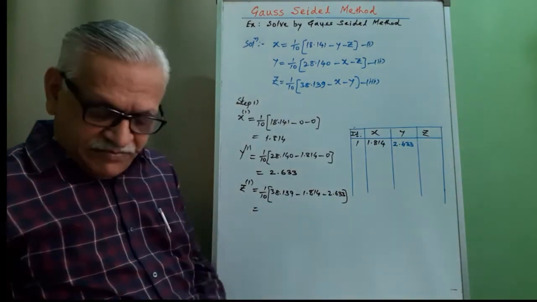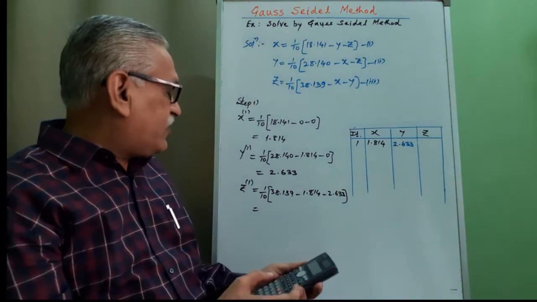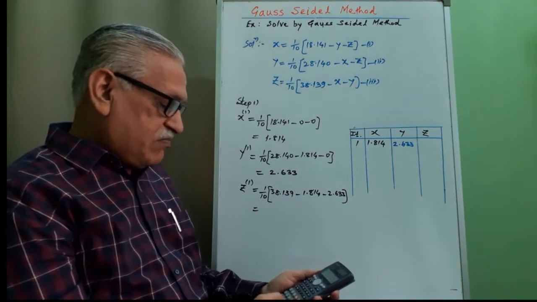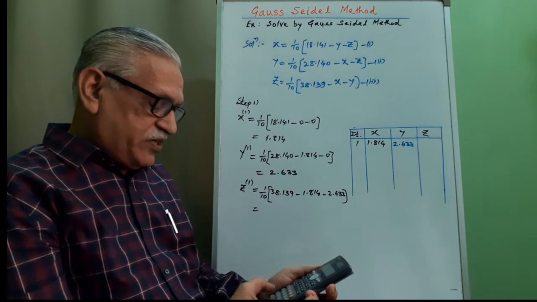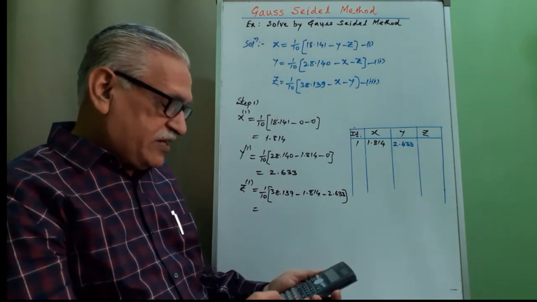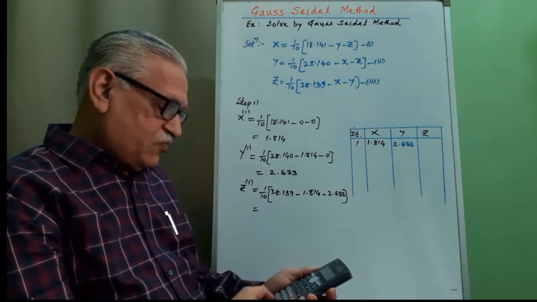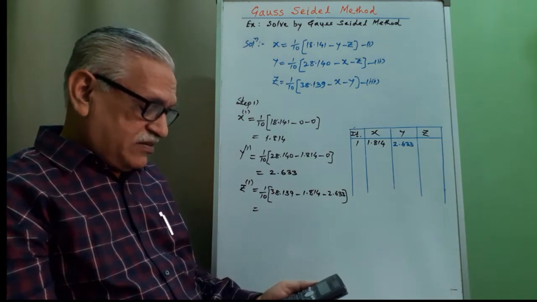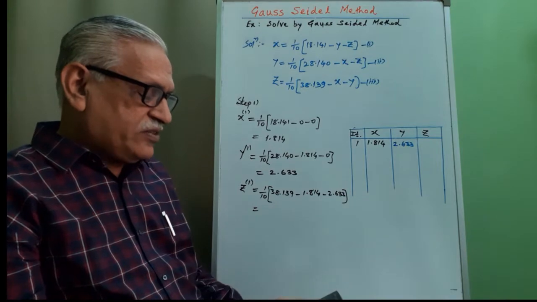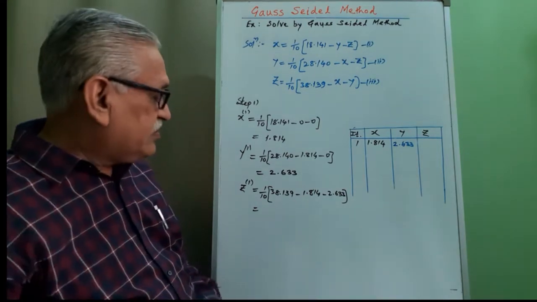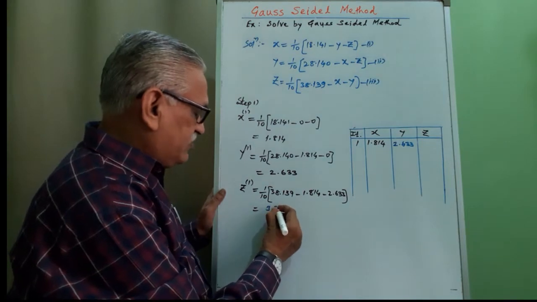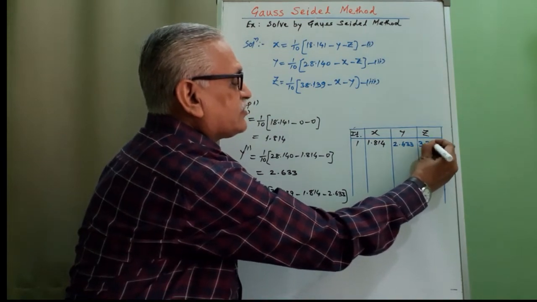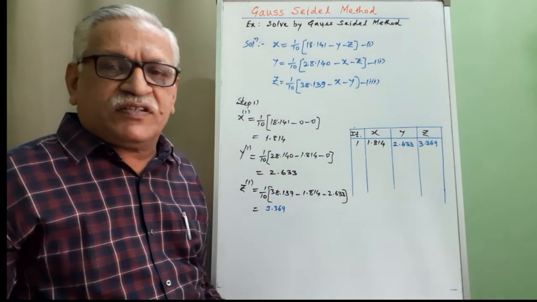If we perform this by calculator, we get the value 3.369, and therefore we put that value here, 3.369. Here the first step is completed, the first iteration is completed.